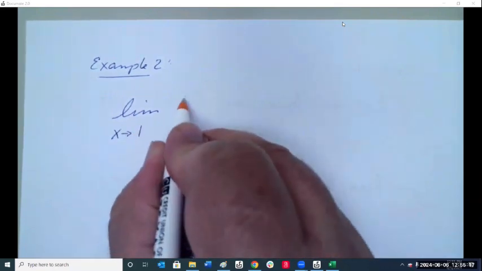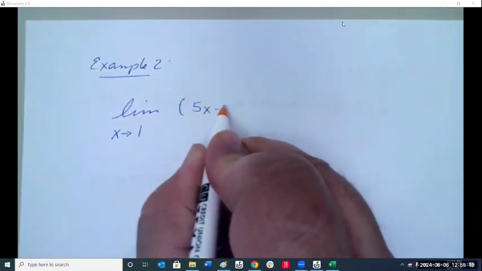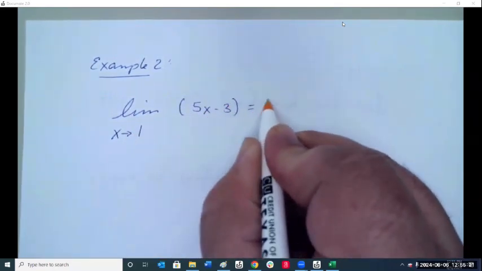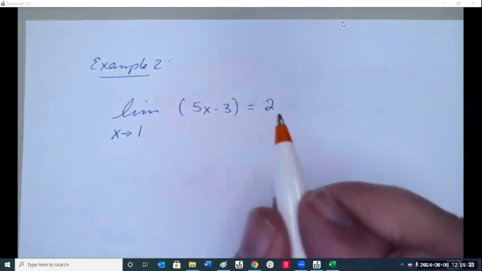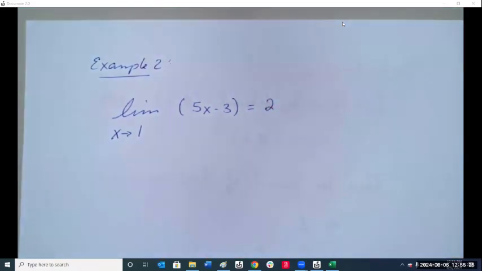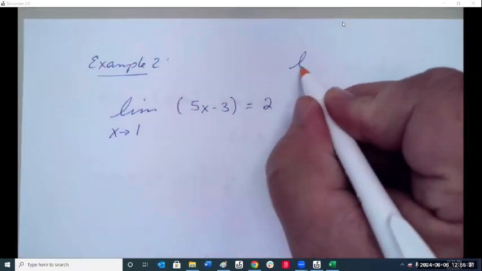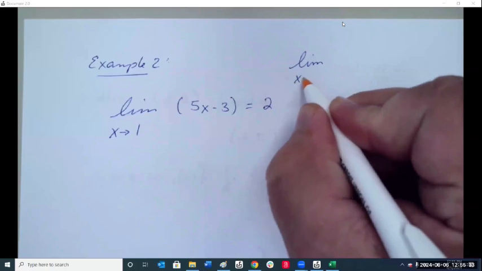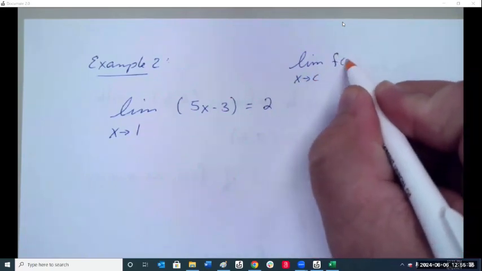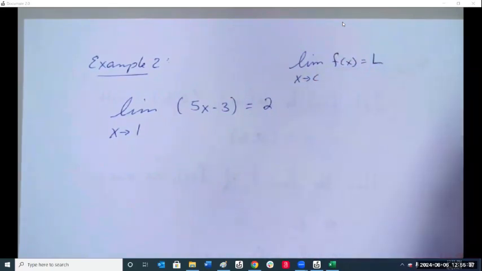The limit as x approaches 1 of 5x minus 3 is equal to 2. Remember, we have this shape. What is the question asking for?